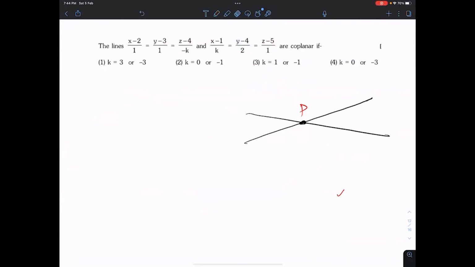Now, whenever I say 2 lines are intersecting, here also there are equivalent statements, like we said previously for congruent triangles.